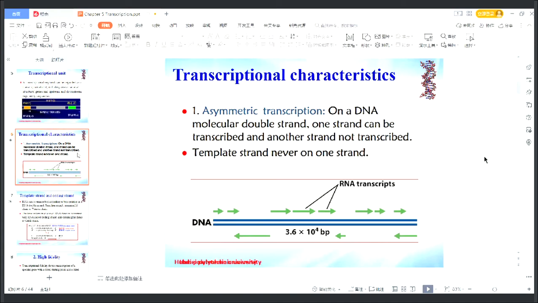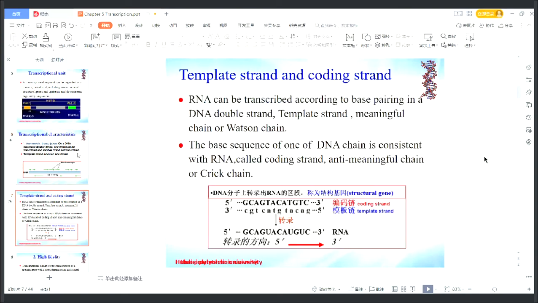And another property: here are listed two definitions, the coding strand and the template strand. You can see the coding sequence, some sequence coding the RNA, and the other strand doesn't take part in the transcription.